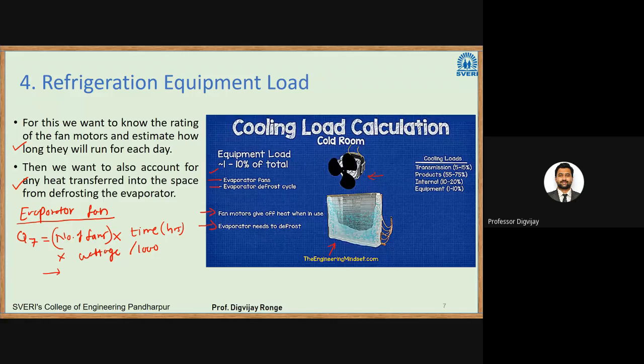So this will give the value in kilowatt hour per day. This time is the number of hours the fan is on per day. We count that here, then we count the number of fans, then the wattage, and divided by 1000 that will give kilowatt hour per day.